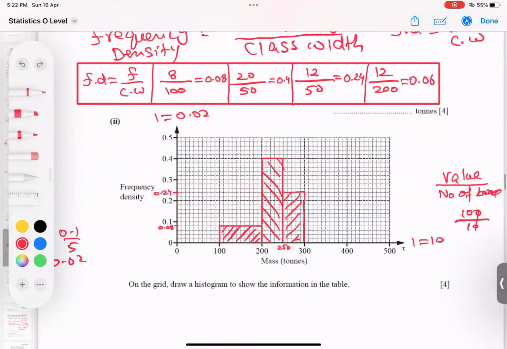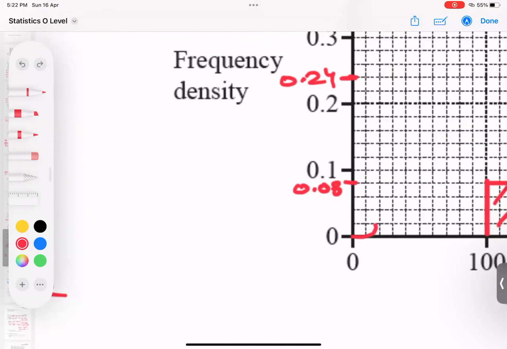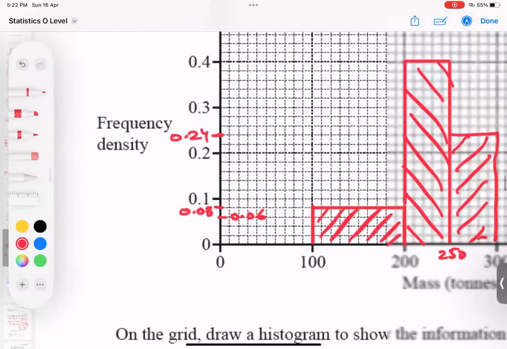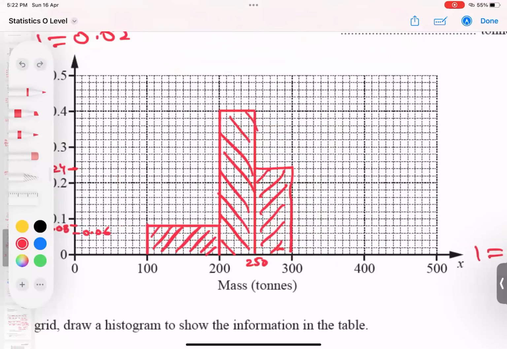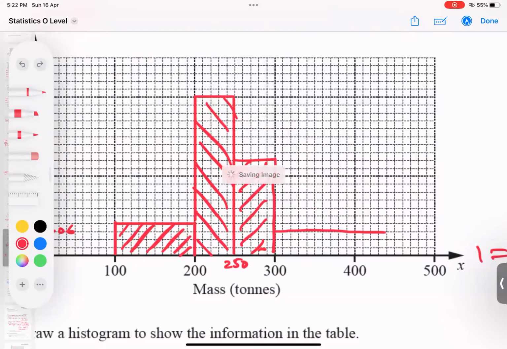First of all, where is 0.06? 0.02, 0.04, and 0.06 is here. And 300 to 500 is 3 boxes. Mabruk, this is my answer. I believe all of you understood well.